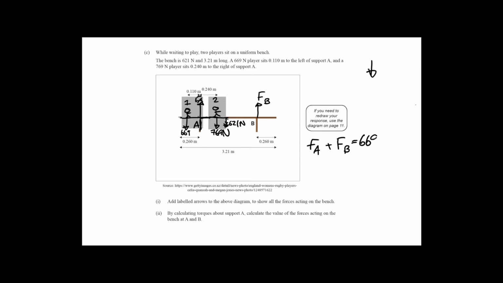So 669 plus 769 plus 621. Otherwise, the bench would be floating off. If FB and FA were greater than the forces pulling it down, there would be a force pushing it up, and the bench would rise off the ground and float away.